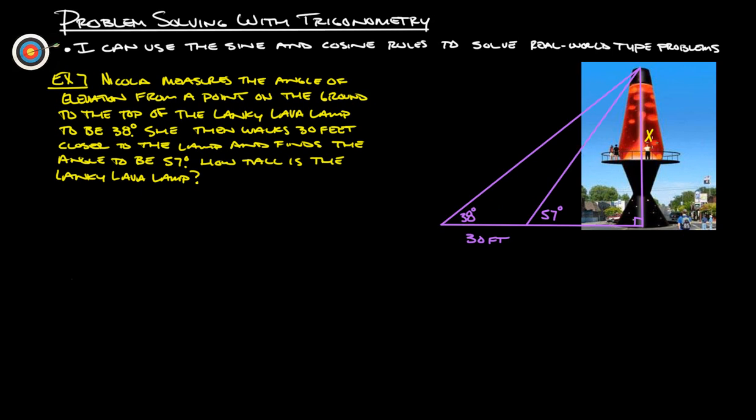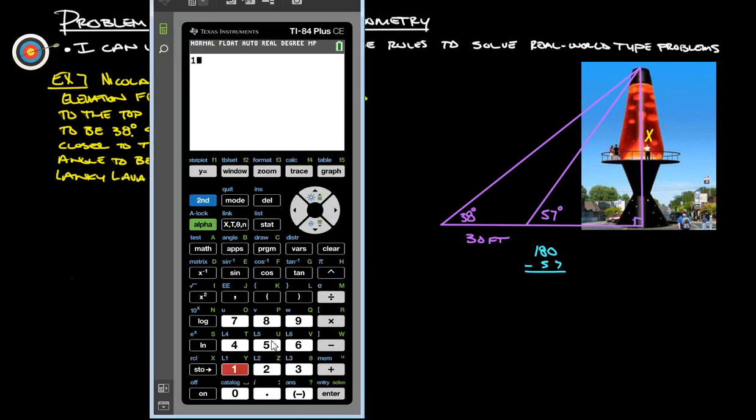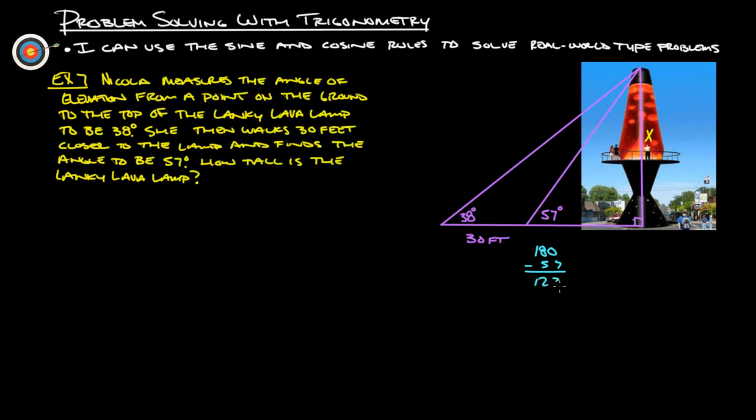Once we know that side, we should be able to figure out that side. Okay, so this angle right here is going to be 180 minus 57, right? That gives us 123 degrees for this one right here.